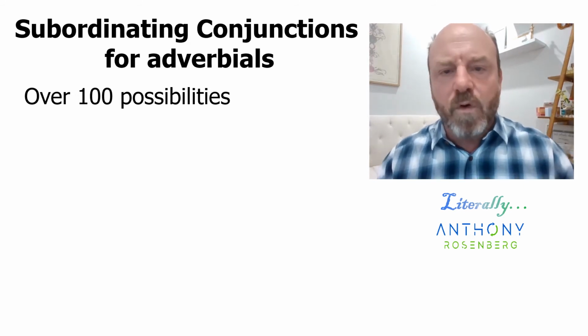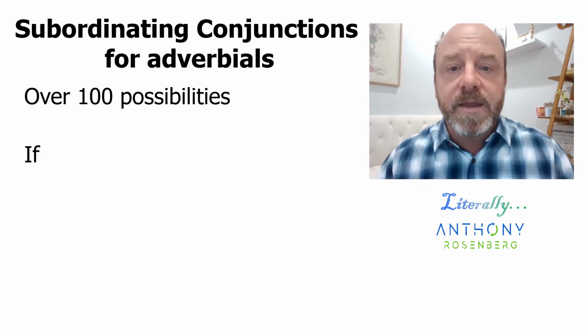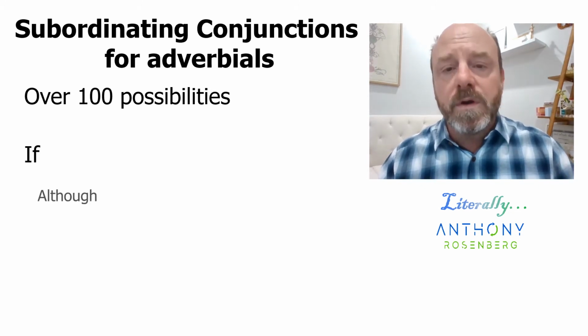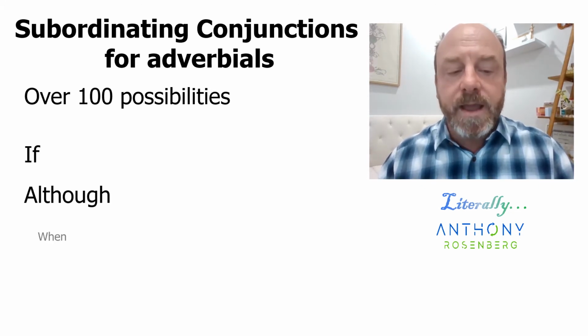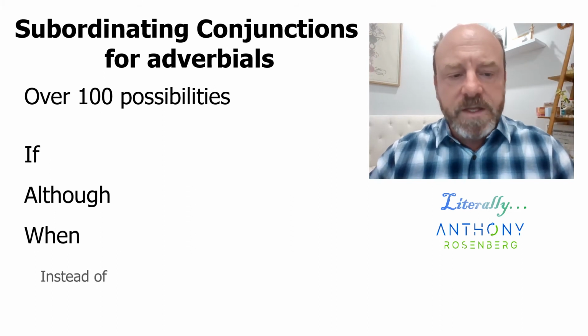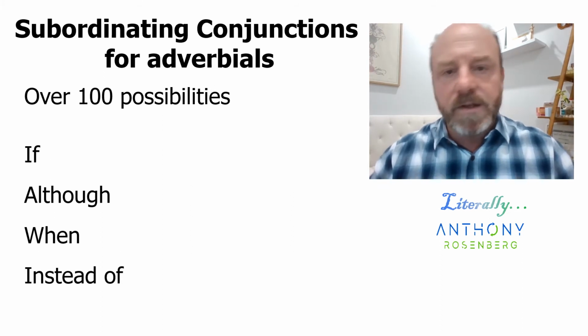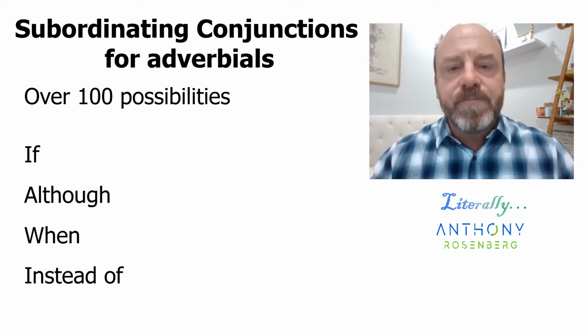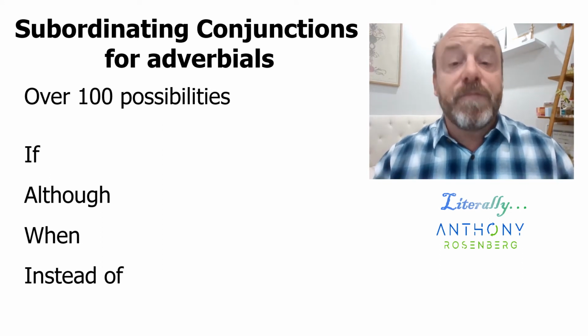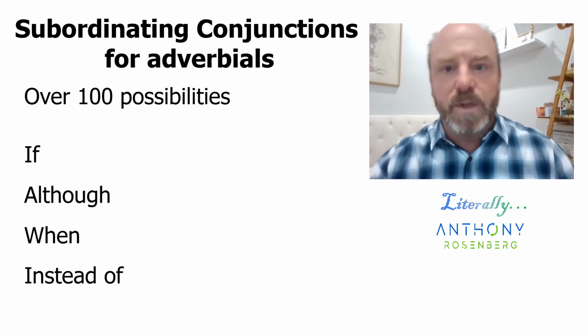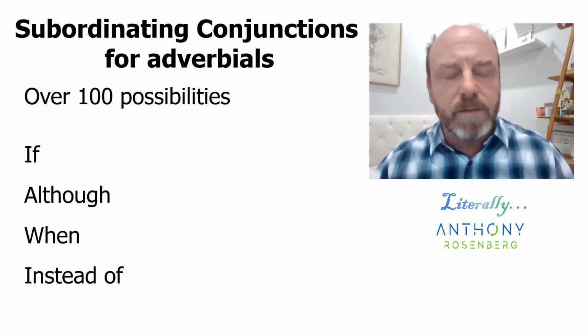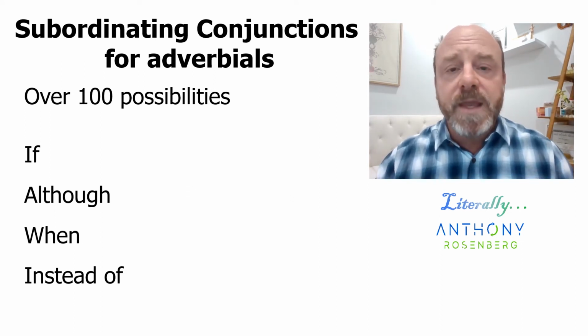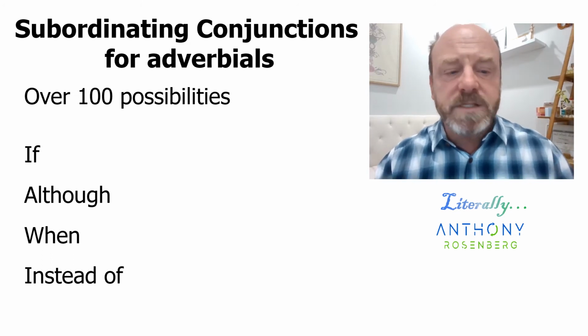But I've just chosen 4. The first one is if, the second one is although, the next one is when, and the last one is instead of. So I've chosen these 4 because they all present different aspects. The first one, if, talks about conditions. So if something happens, then something else will happen. And if can be present, past, or future. It can also be 0, meaning just talking about facts or habits.